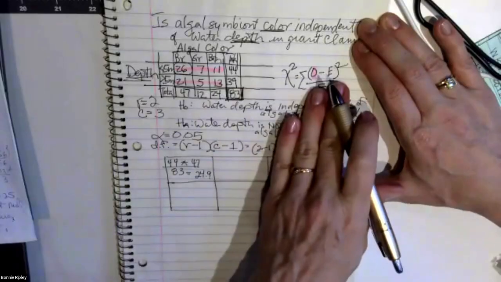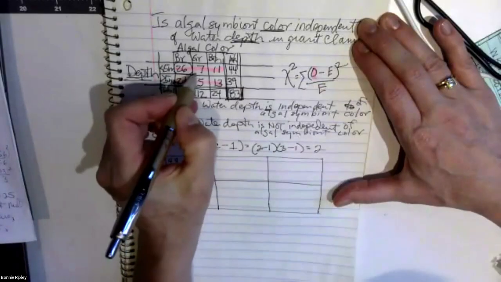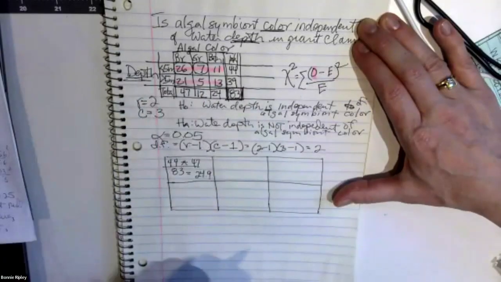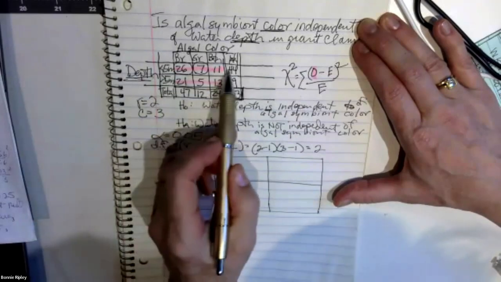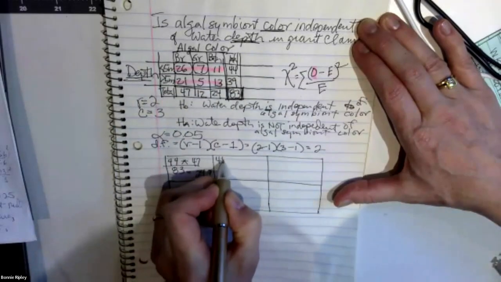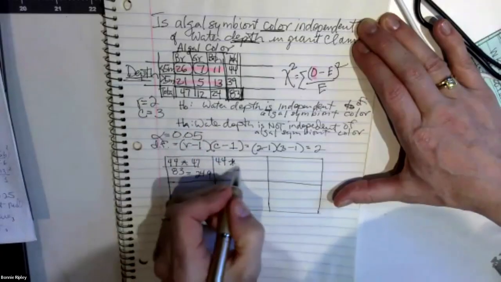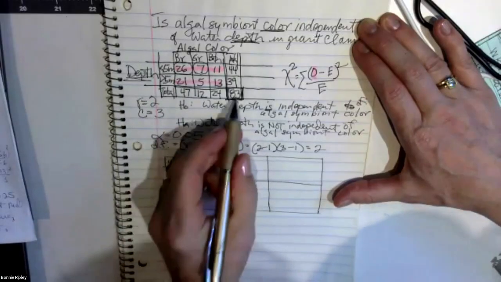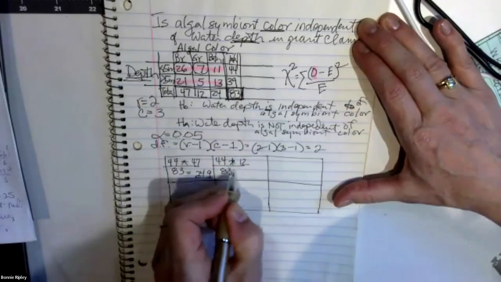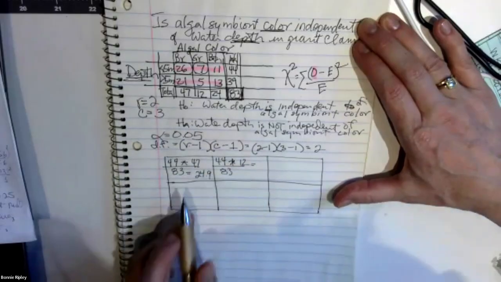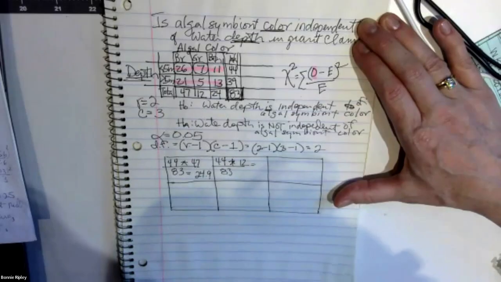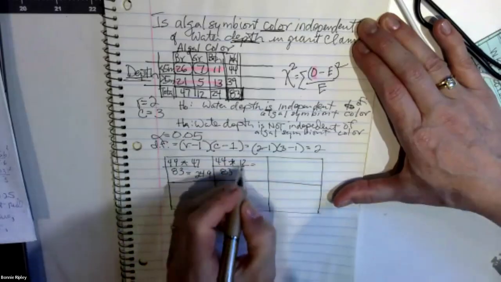I'm going to work across. Now I'm going to do this cell in the table. I've got the row total times the column total, 12, divided by the total, 83, and I get 6.4.